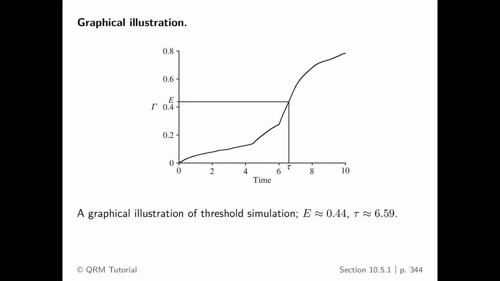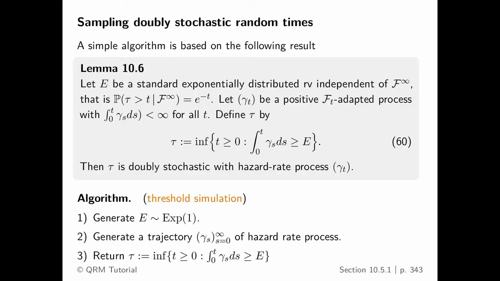So that's the E. We have this hazard rate process, and the first time that the process Gamma is bigger than E, that's here 6 point something, that's our tau. That's how you can sample them, and this lemma here is just telling us that this way of sampling them is really the right thing to do.